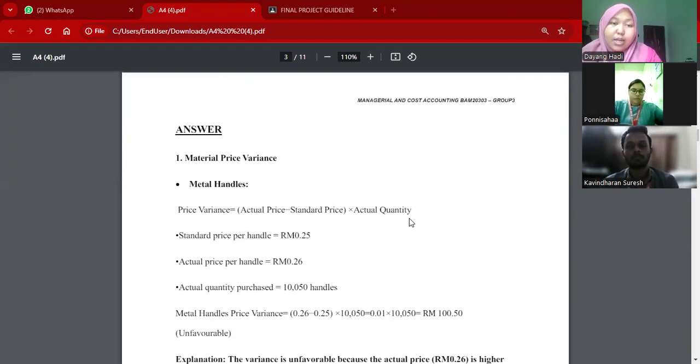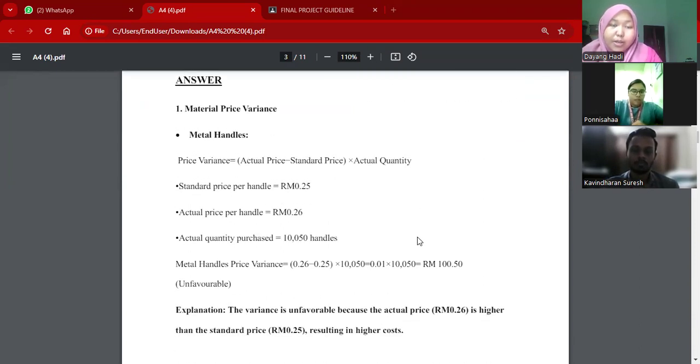For the metal handles, the price variance equals the actual price minus standard price, times the actual quantity. The standard price per handle is 25 cents and the actual price per handle is 26 cents. The actual quantity purchased is 10,050 handles.